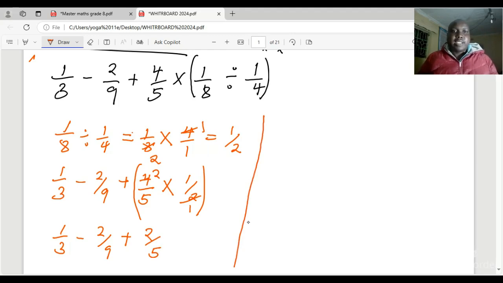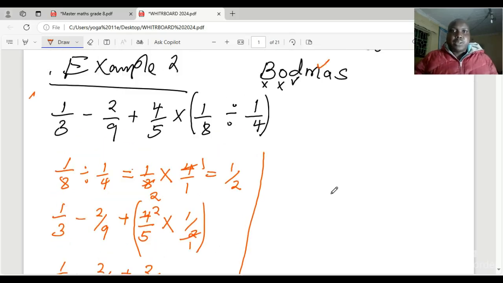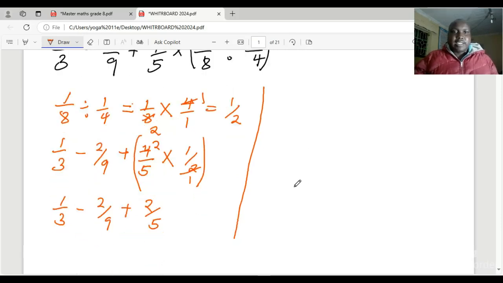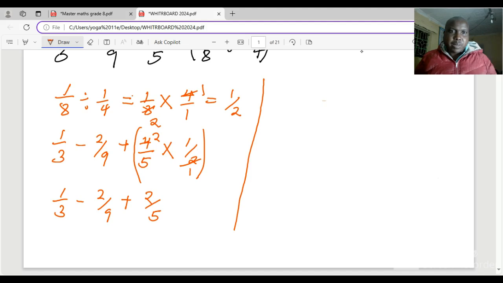Now next is addition. Next is addition from BODMAS. Remember, we are using BODMAS. Addition is next. We have finished multiplication, we go to addition. Addition, the first number and the last number are positive, so we do the positive. That is one method.